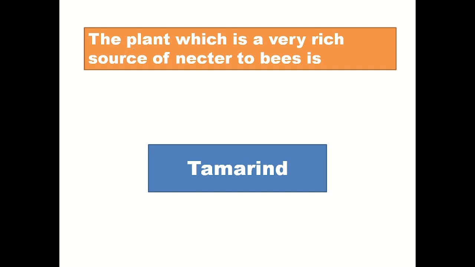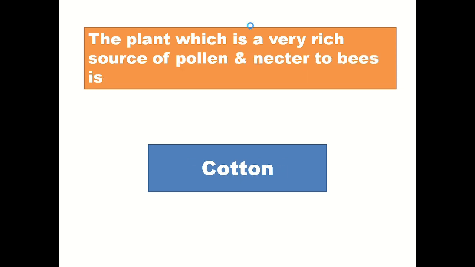The plant which is a very rich source of nectar to bees is tamarind. The plant which is a very rich source of pollen as well as nectar to bees is cotton.